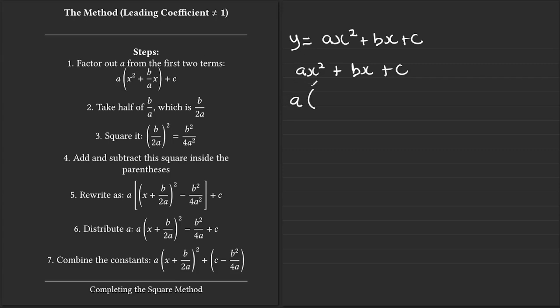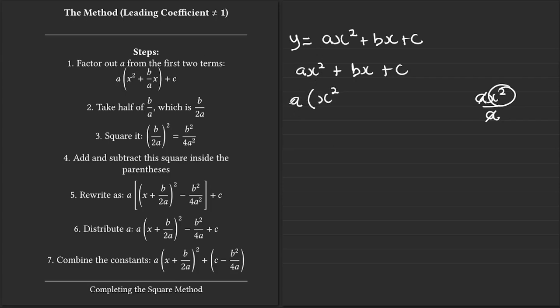A times what gives us ax squared? If you don't know it offhand, you can simply say ax squared divided by a. This a cancels out this a and we'll be left with x squared. So a times x squared gives us ax squared.